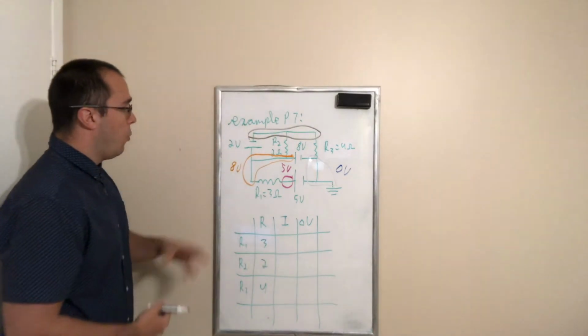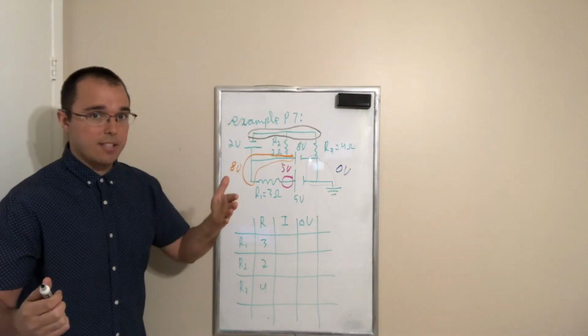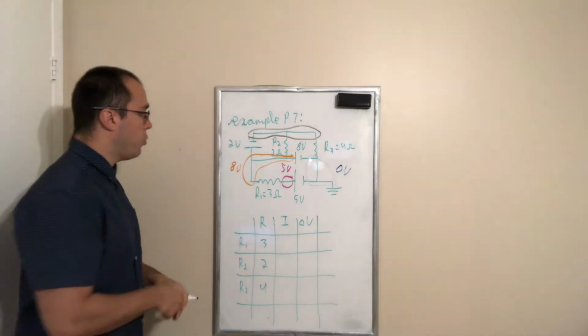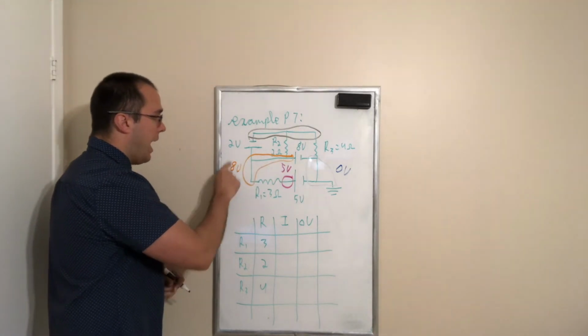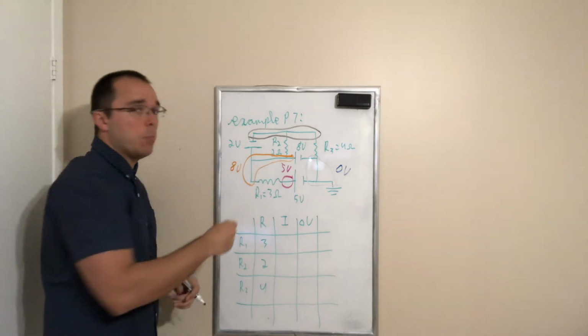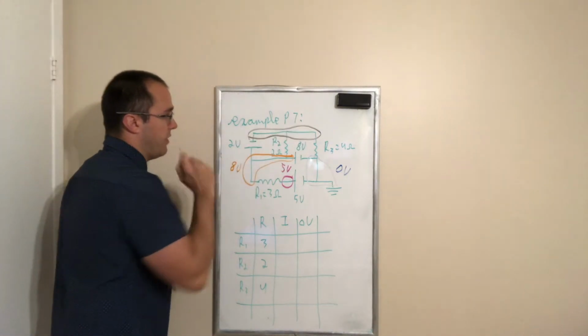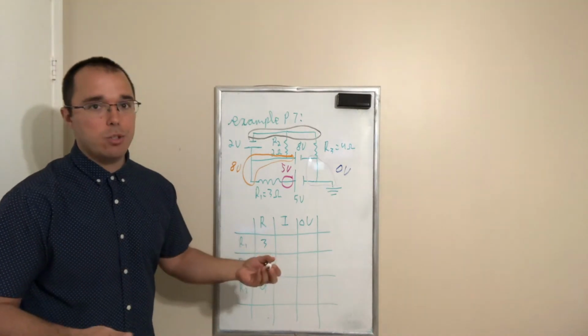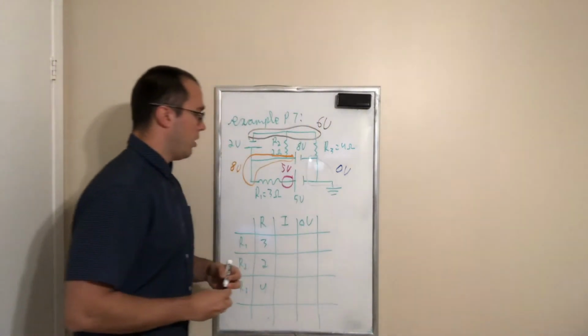Note, we don't know the voltage on the lower side, on the negative side of the power supply, but we do know that this wire is 8 volt and this side has to be 2 volt higher than that side because of the power supply. Well, 8 minus 2, it's 6 volt. We got 6 volt over here.